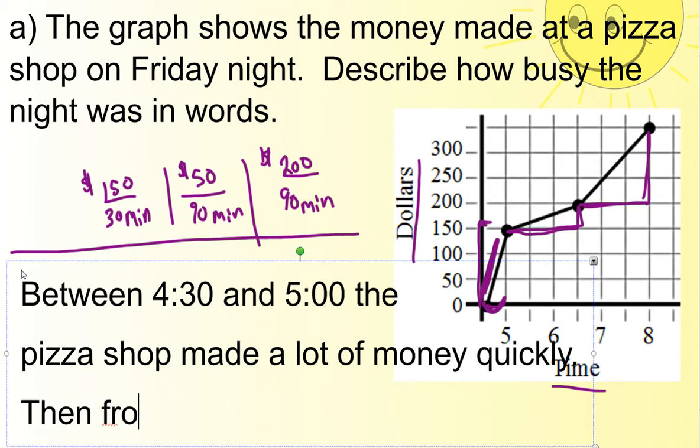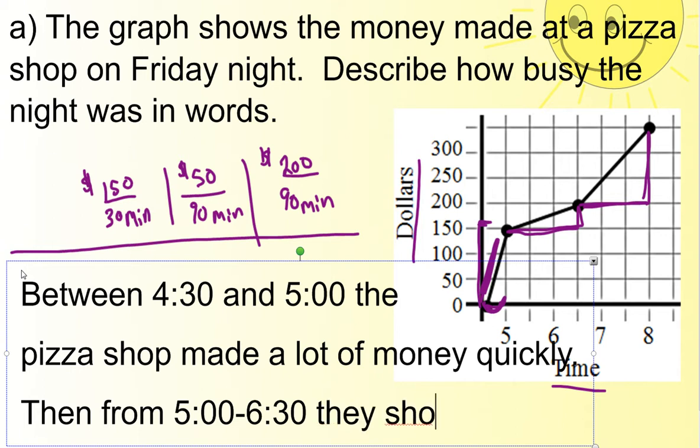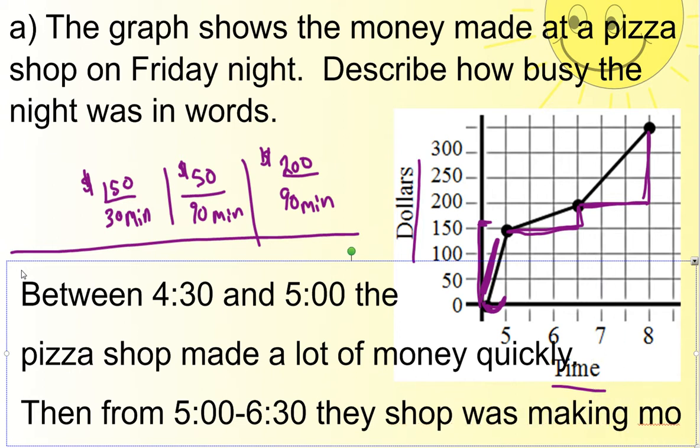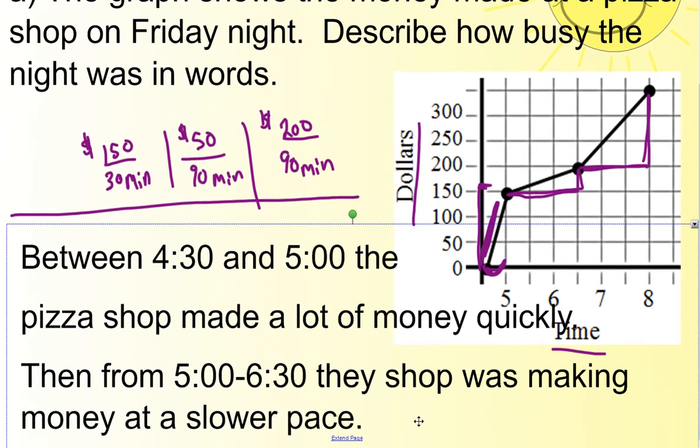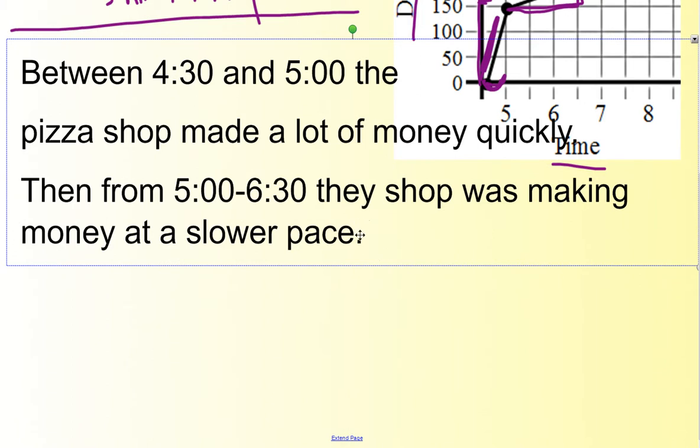Then, from 5 o'clock to 6:30, the business slowed down because they weren't making as much money. So from 5 o'clock to 6:30, the shop was making money at a much slower pace. I know you can't see right now, let me make it so I can see this all. There we go.